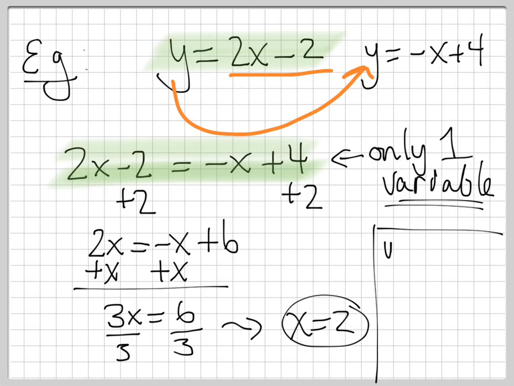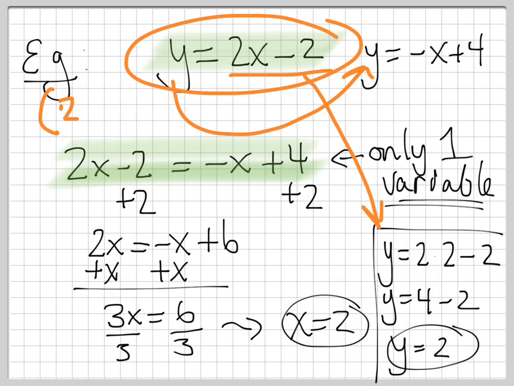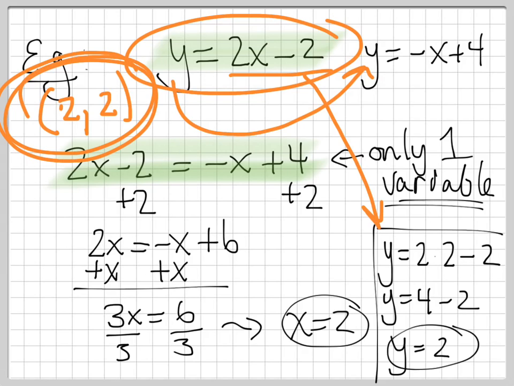So if we do y equals 2 times x minus 2, that's our first equation. We're going to check down here. That means y equals 4 minus 2, or y equals 2. And so our solution is 2 comma 2. And there's our answer.